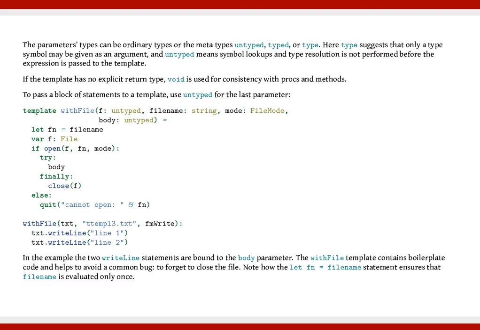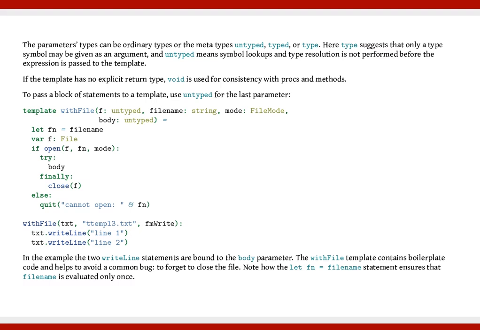If the template has no explicit return type, void is used for consistency with procs and methods. To pass a block of statements to a template, use untyped for the last parameter. Template withFile(f: untyped, fileName: string, mode: FileMode, body: untyped) = let fn = fileName. Var f: File. If open(f, fn, mode): try: body finally: close(f) else: quit("cannot open: " & fn). withFile(txt, "ttempl3.txt", fmWrite): txt.writeLine("line 1") txt.writeLine("line 2").